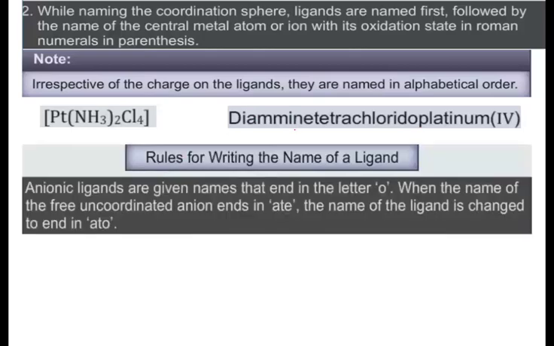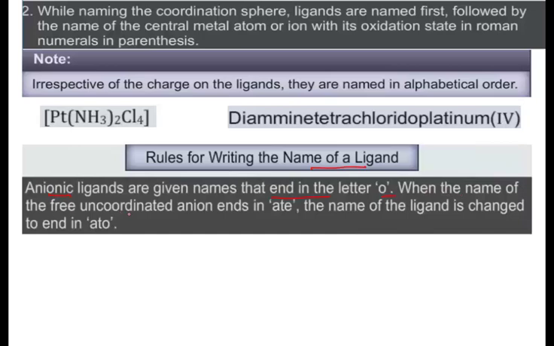Now we will discuss the rules for writing the name of a ligand. Anionic ligands are given names that end in the letter O. For example, chlorido, sulfato, nitrato. So do remember that the anionic ligand's name will end in O only when it is acting as a ligand.